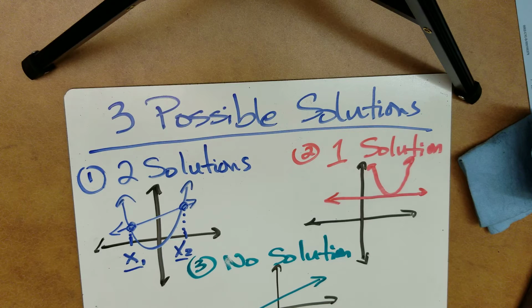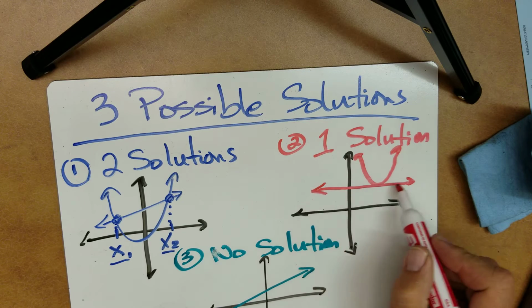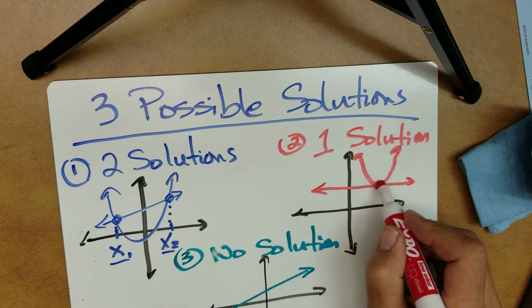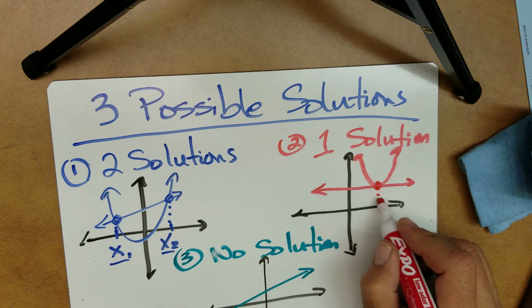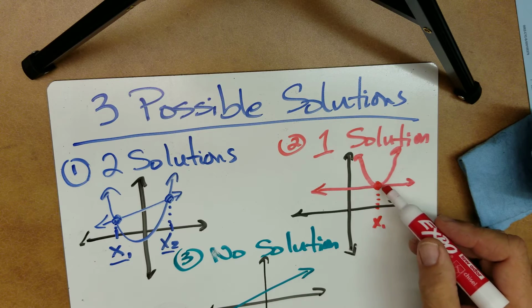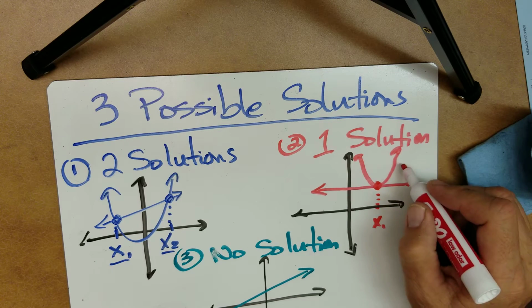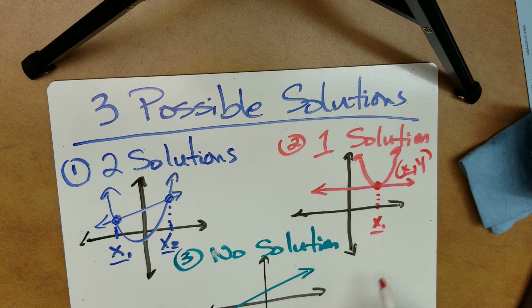These would be the two solutions that I'm looking for. You could also have one solution, and that's where a horizontal line just barely touches the vertex of the parabola. In that case, it would only be one solution, and we'd be looking for the x value of that point. Remember, it's going to have an x and a y for sure, but our solutions are the x.